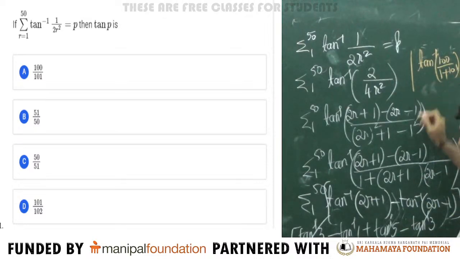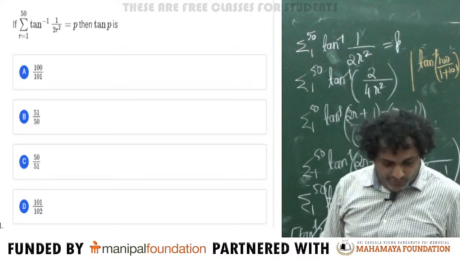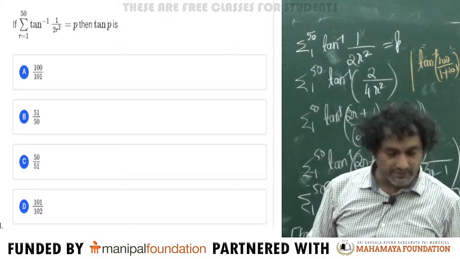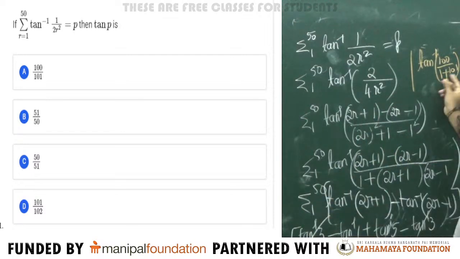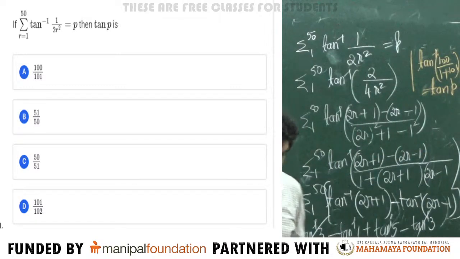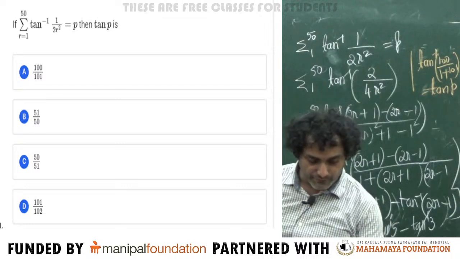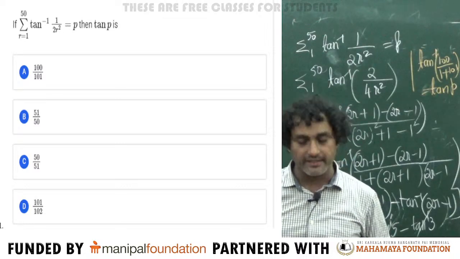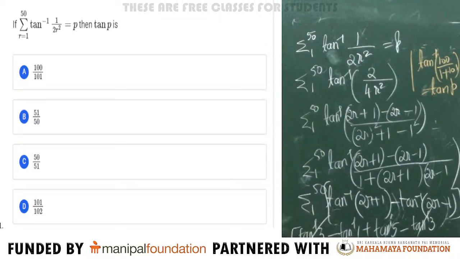So isn't it tan inverse of 100 by 102? This is P. So how will the inverse go there? Isn't it tan P equal to 100 by 102? What do we get? 50 by 51, right? Therefore, the answer is tan P is equal to 50 by 51.